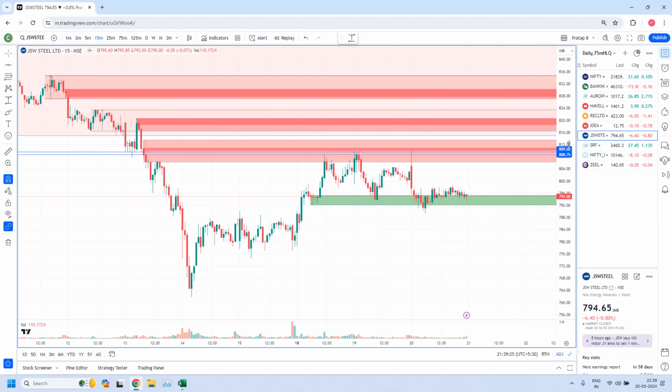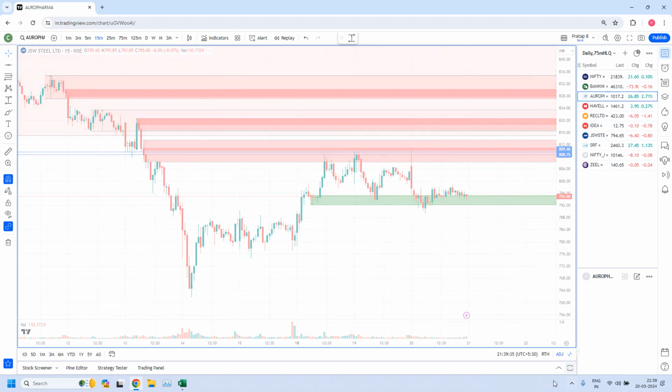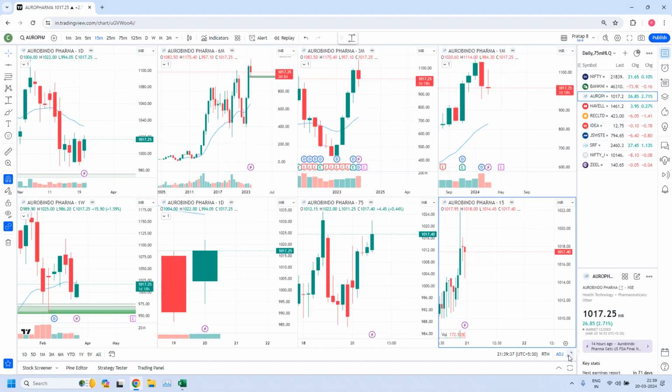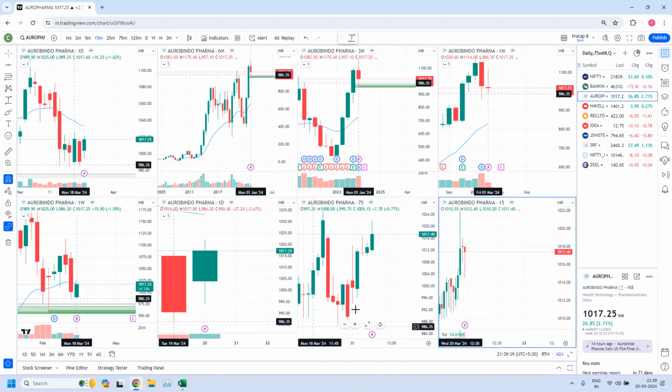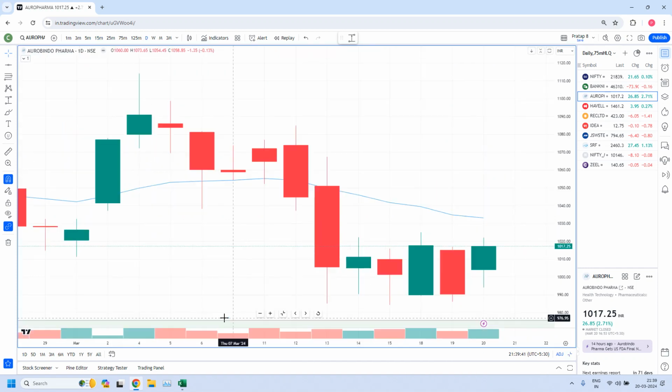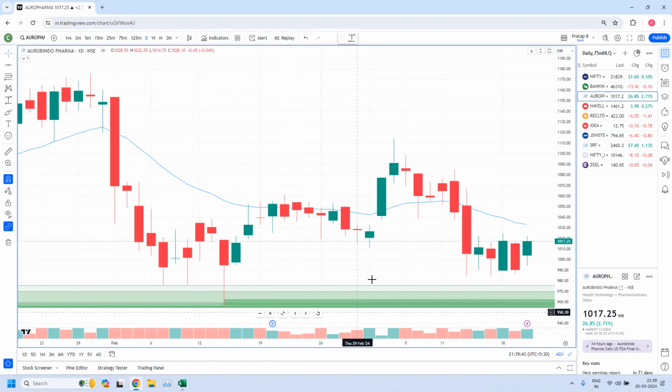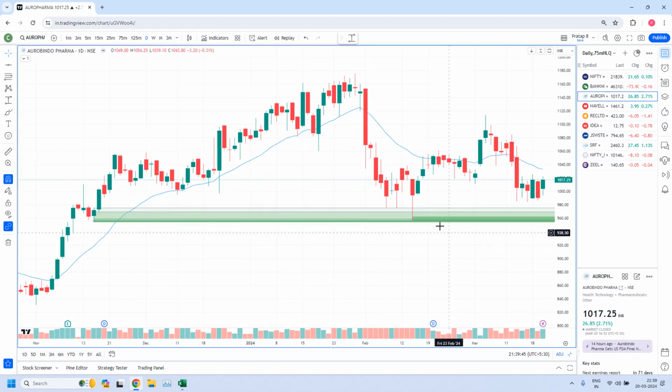Okay, next are the remaining trades. How many? We have seen Z, Nifty, which is a successful trade, and JSW. And the remaining, let us look into them. Aurobindo Pharma we already fine-tuned in one of our earlier videos. The same zone only, I didn't make any changes. Yesterday when I opened, the same analysis came.